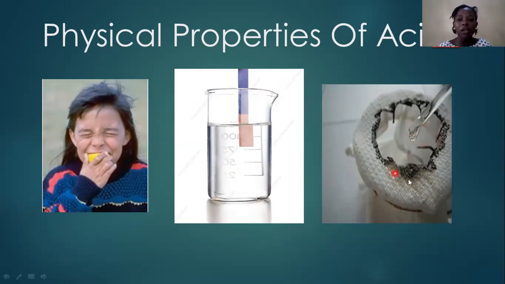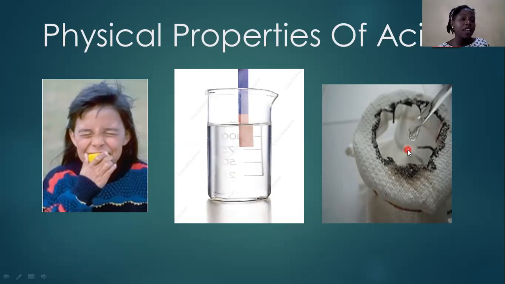Now, look at this towel. This is a towel that was corroded by a few drops of acid, like when we say burnt by a drop of acid. So this is known as the action of a concentrated strong acid. So concentrated forms of strong acids are corrosive.